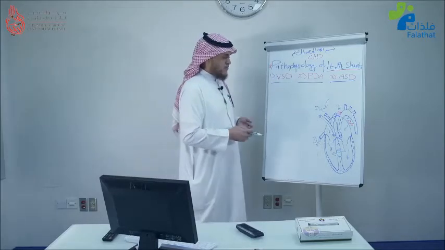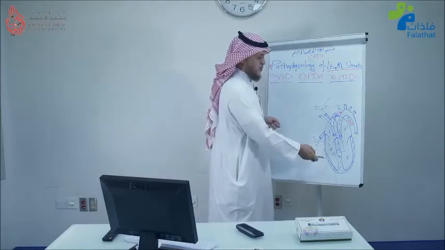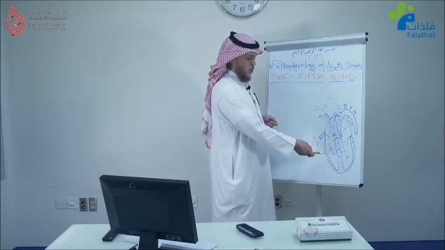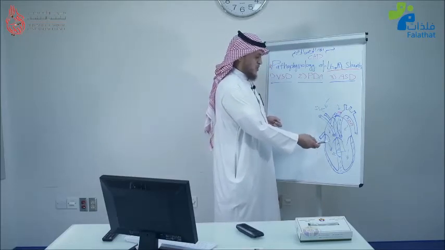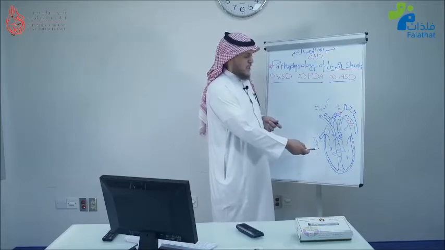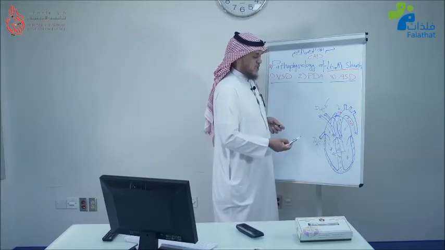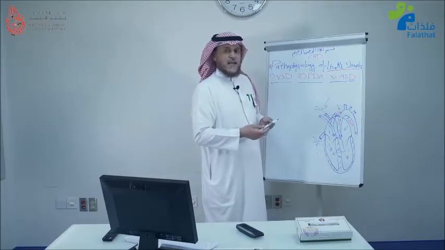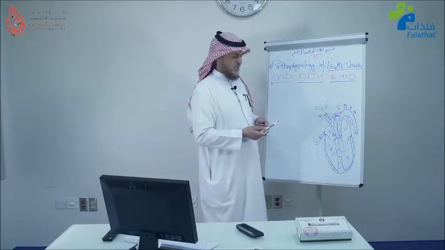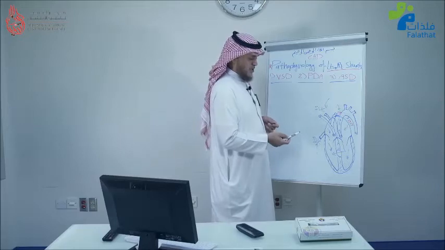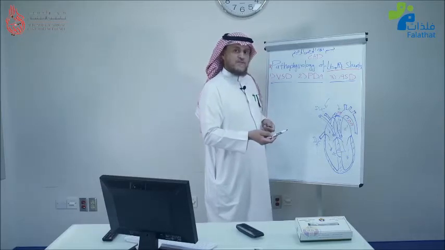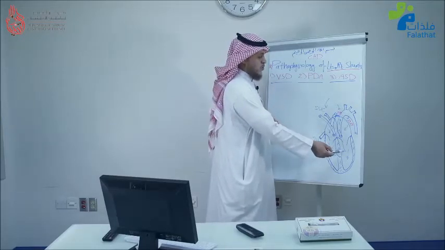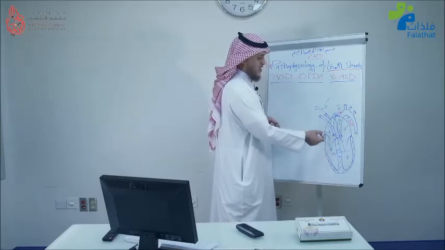And we all know that the right ventricular normal pressure is low, less than 25 millimeters mercury, while the left ventricular systolic pressure is averaging 80 to 120 millimeters mercury. So pressure-wise, the blood will like to go more through the VSD to the right side.